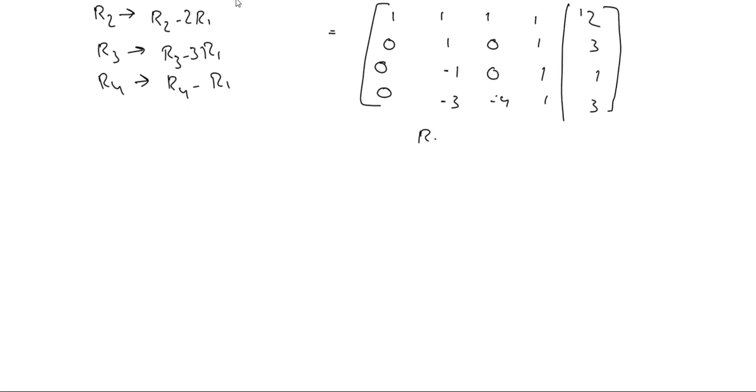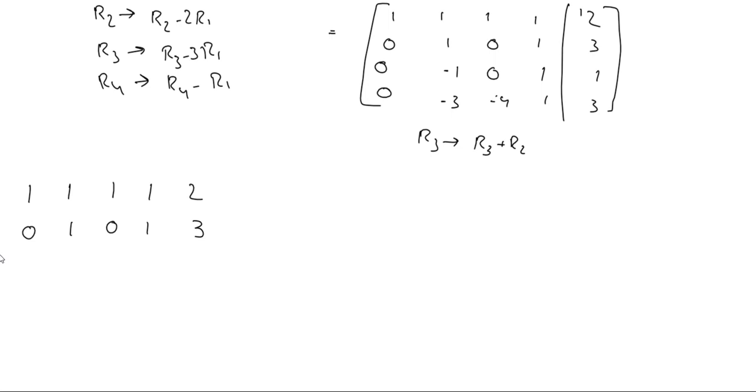Now R3 becomes R3 plus R2. It will be 0. Then 1, 1, 1, 1, 2, and R2 as it is: 0, 1, 0, 1, 3.